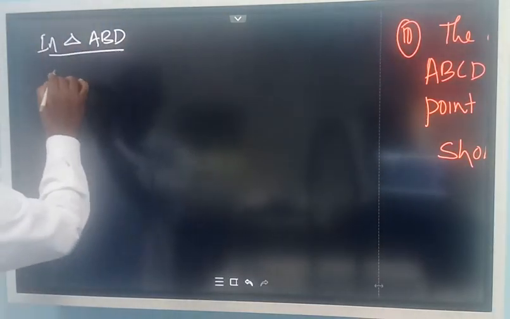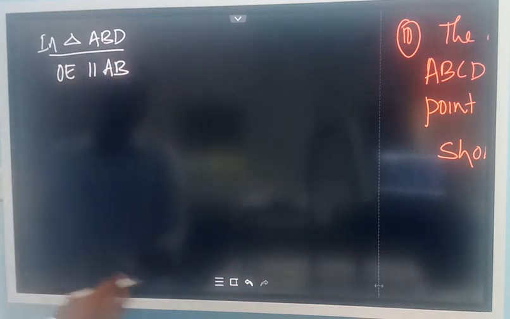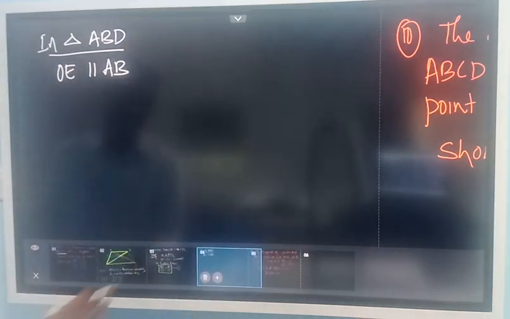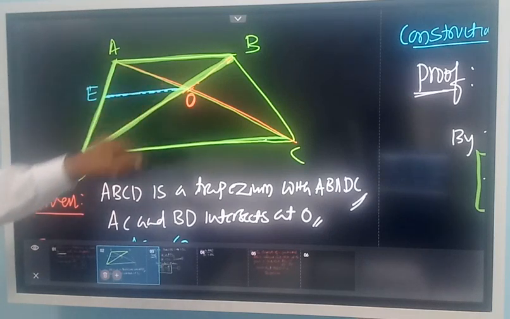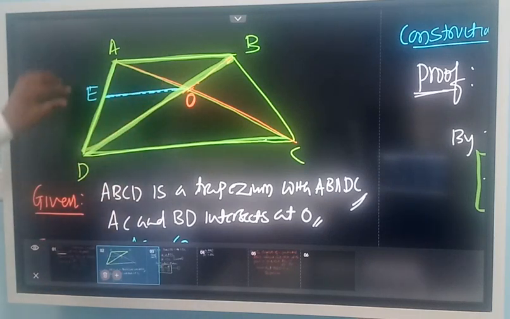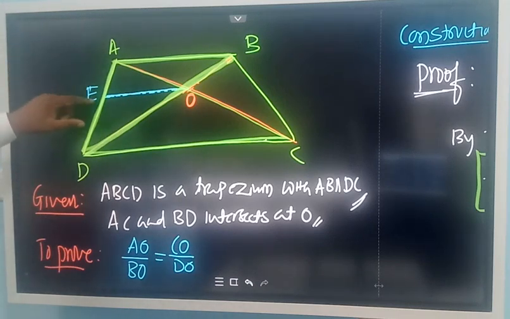So in triangle ABD, OE parallel to AB. If OE is parallel to AB, what ratio can you write? In the same ratio. AE by ED will be equal to what? BO by DO.